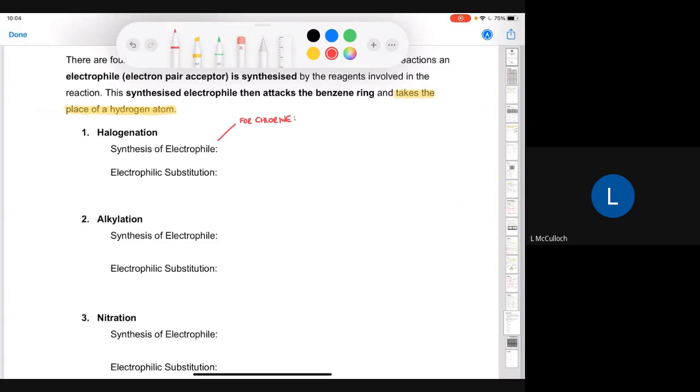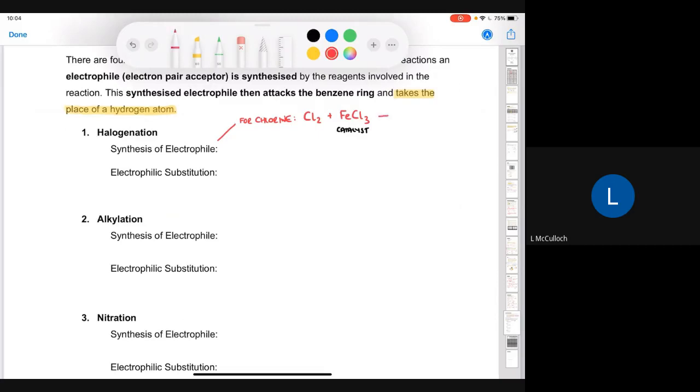So for chlorine, we would of course use chlorine, and we would use iron 3 chloride. Okay, now in this reaction, the iron 3 chloride is acting as a catalyst.